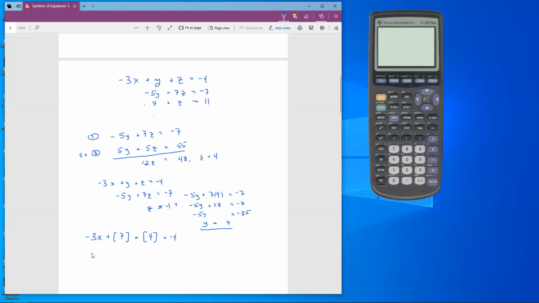Okay, so this is going to be negative 3x plus 11 is equal to negative 4. Subtract 11 from both sides. Negative 3x is equal to negative 15. And I think we could say that x is equal to 5. Okay, so to summarize all of this, we have x equals 5, y equals 7, z equals 4.